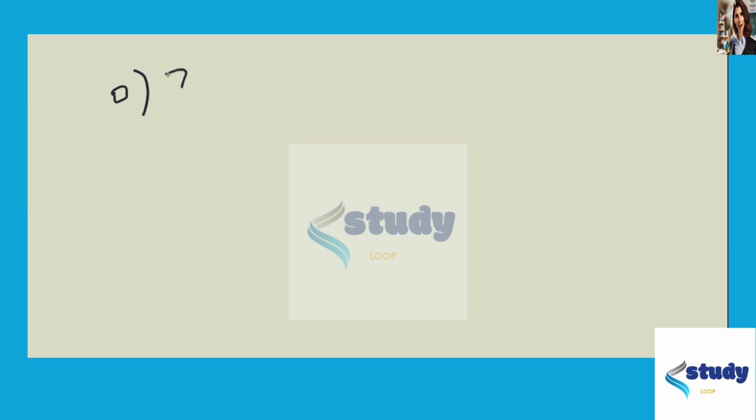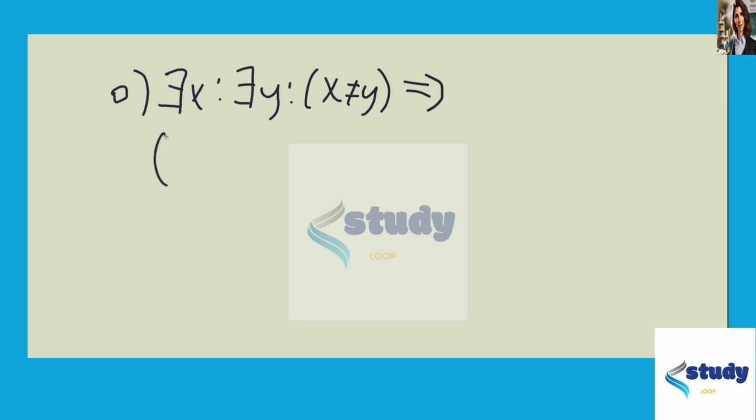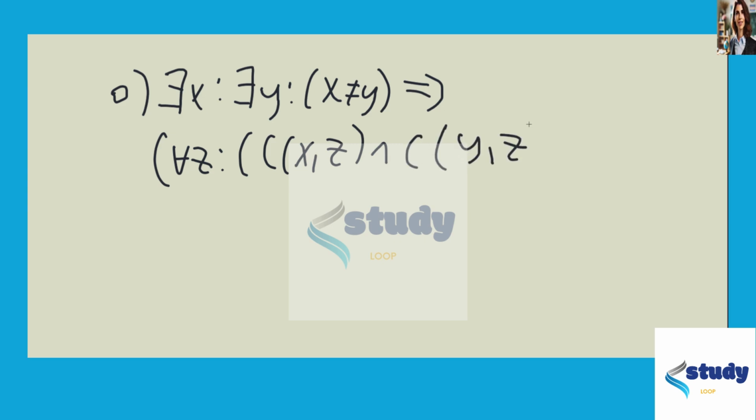So we've got here that there exists an x such that there exists a y such that x does not equal y, and it implies that for all z, such that C of x, z or C of y, z. And then we enclose all that, and there we have it.